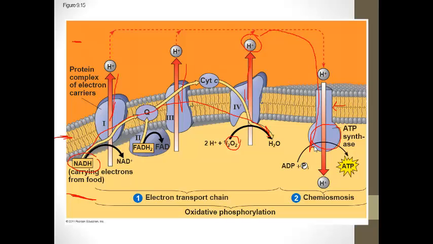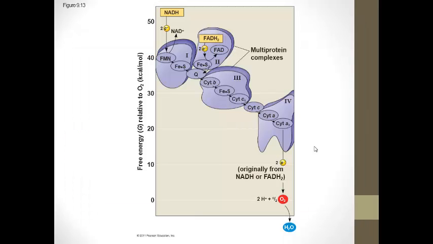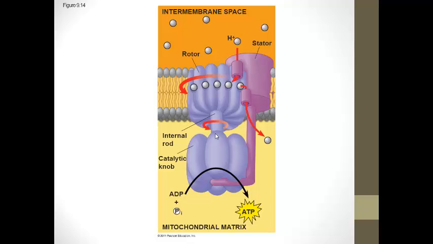When they rush through, they are going to spin the turbine like you see right here. Spinning that turbine is going to be used to add the phosphate onto ADP to make ATP.